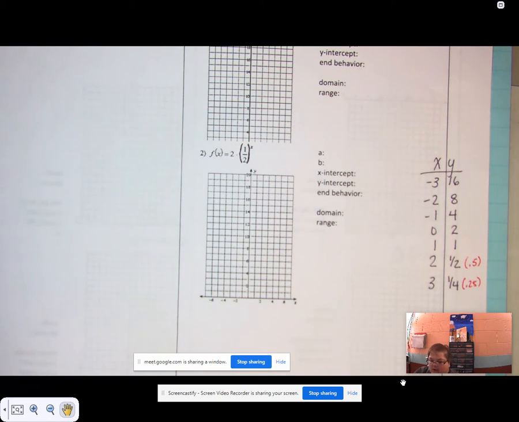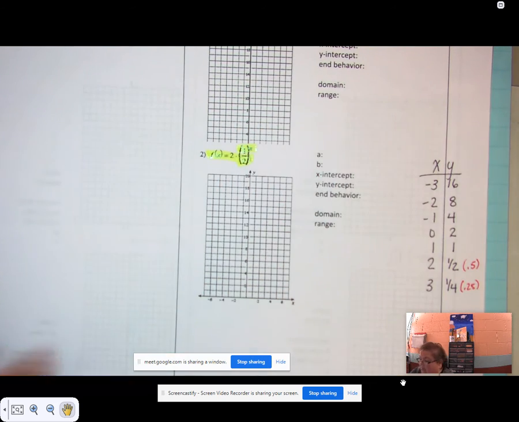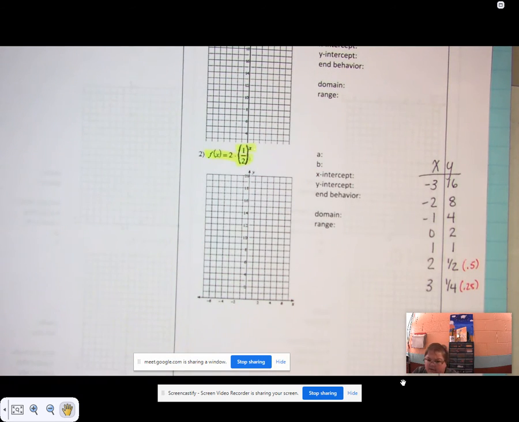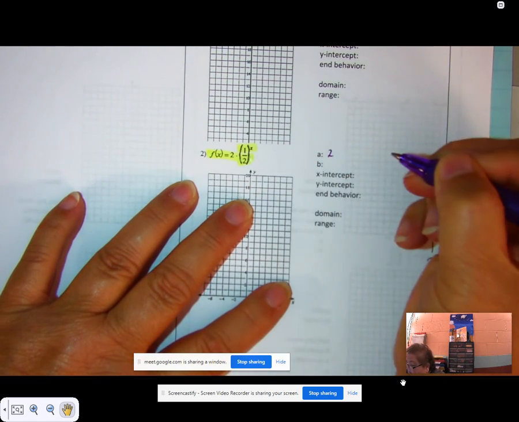Okay. So that being said, now let's talk about the characteristics that I can gather just from looking at my function, because I can get most of them just by gathering information from my function. The value of a is 2.